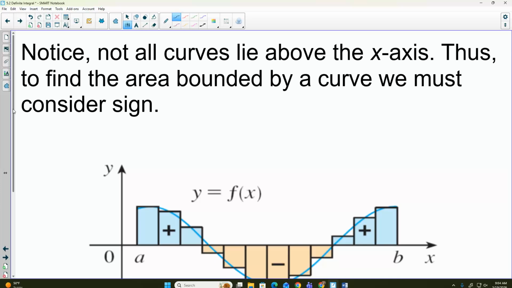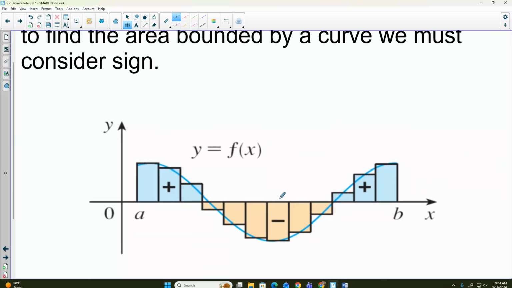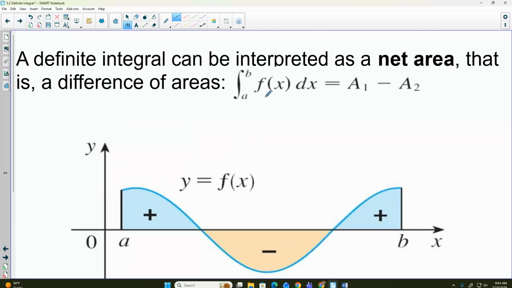But we have to take into consideration when things dip below. This area is like area between the curve and the x-axis. Anything above the x-axis is positive. Anything below is negative. We call that the net area, like the positive area minus the negative area.